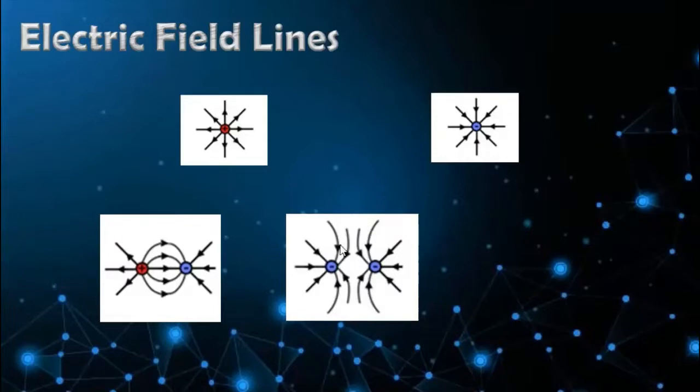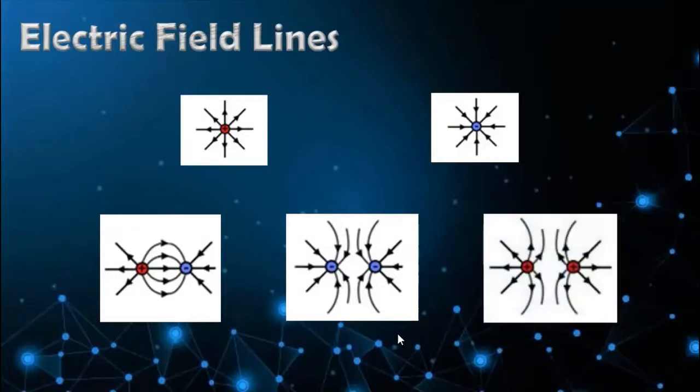Observe the behavior of their electric field lines. And on the third illustration, still we have the same charge, both are positive. It shows a repulsive behavior or reaction.